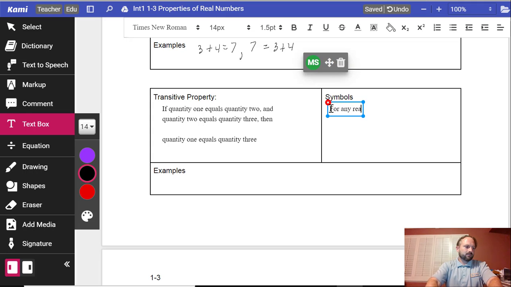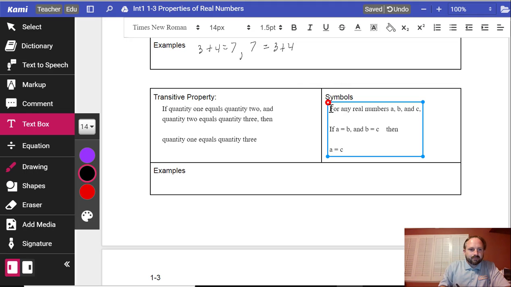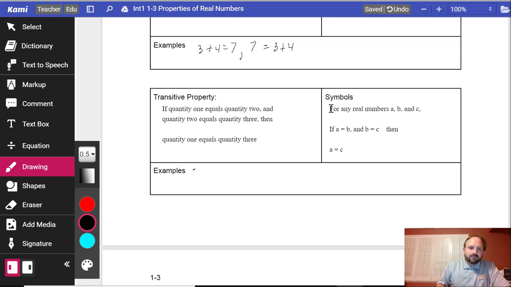For any real numbers a, b, and c, if a is equal to b and b is equal to c, then a has to equal c. Transitive. Well, let's fill this out. I understand that 5 plus 1 is equal to 2 plus 4.